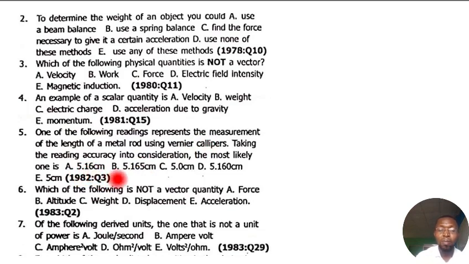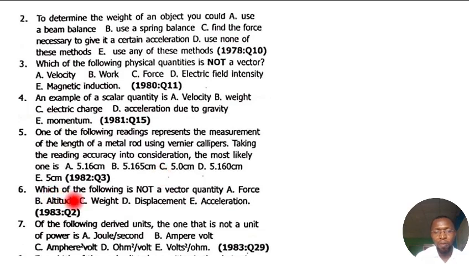If it is a meter rule, it will be in one decimal place. So automatically, from all the options here, it's only option A that is in two decimal places. So we don't have to rack our brains, it is just 5.16 centimeters. Length is also a scalar quantity. In fact, all the fundamental quantities that we discussed in our last lesson are scalar quantities.